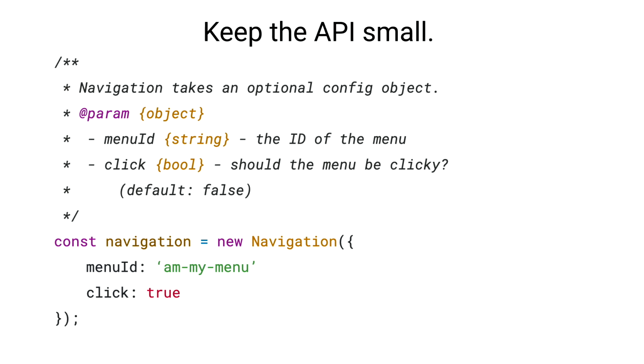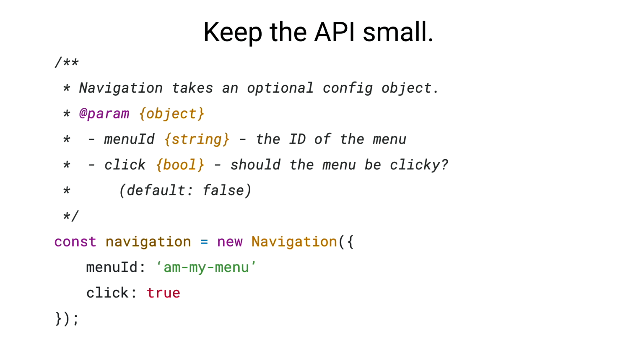It takes a maximum of two arguments. I tell it which menu I want to attach the JavaScript to, and whether it's going to be a clicky kind of menu or a hovering kind of menu. True, false.